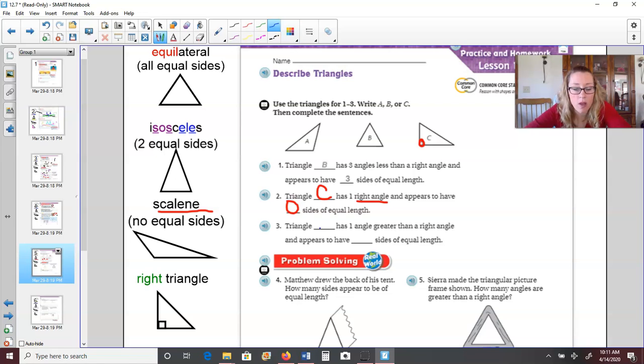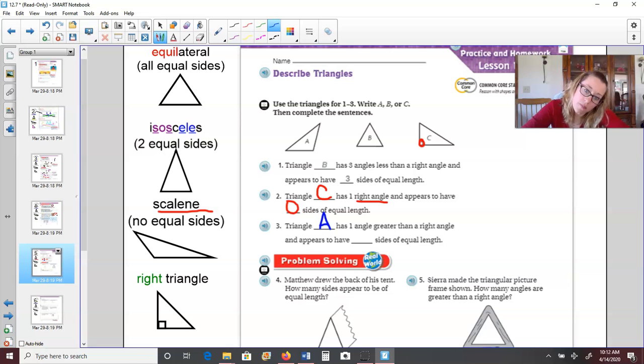All right, and then triangle A must be the one that has an angle greater than a right angle, and I see that here in the corner. That angle is opening up, so that's our obtuse triangle. And how many sides appear to be the same in triangle A? Let me erase my marks that I made here. Okay, what do we see?